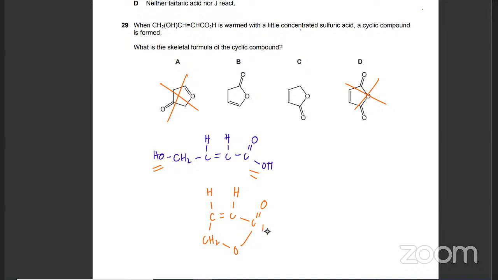This is the C double bond, that's one. The second one, you've got a double bond, right? And the third one also has a double bond. Then the fourth one is CH2, and the fifth one is O. Everything matches, checks out. So C is correct.